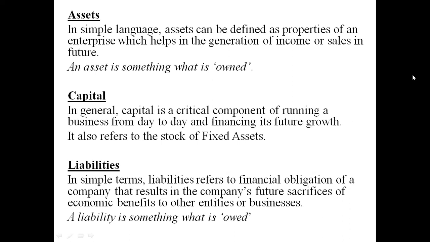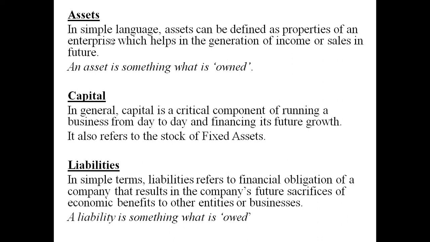Anyway, let us move on to this part: assets, capital, and liabilities. By assets, we actually refer to the properties of an enterprise for the generation of income or sales in the future. You all have your books, copies, pens, your clothes, your house, your bank balance, your car, your bike, your scooter, your furniture, your bed, your mobile phone.